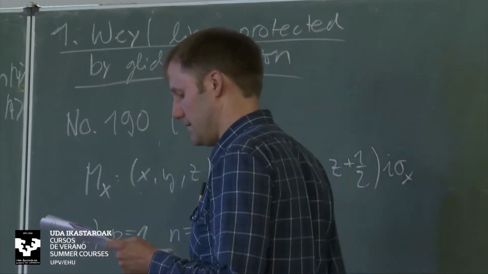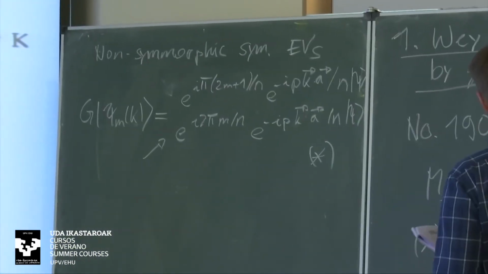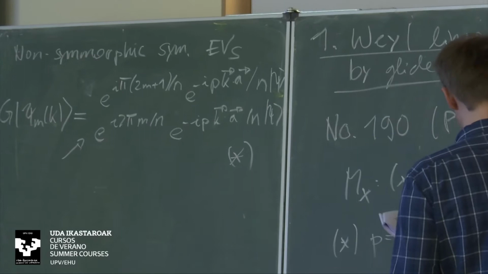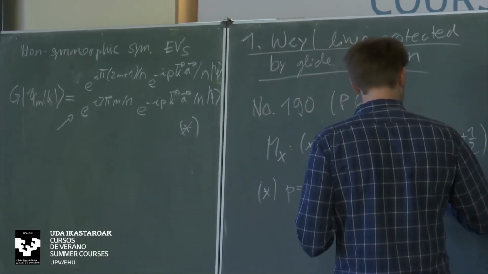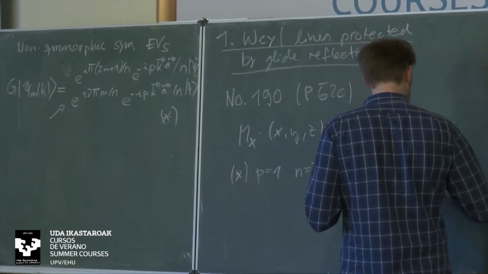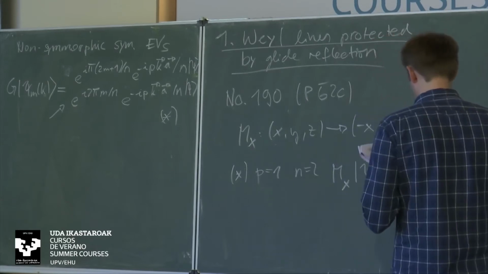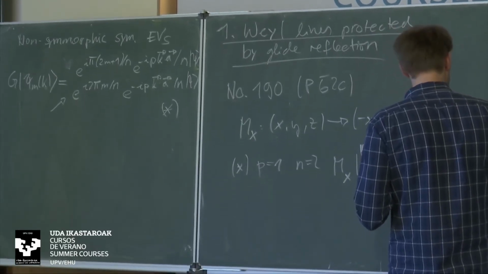Therefore, this P has to be 1. And you can just read off from this equation that you find these eigenvalues. So mx of psi, so we have two different eigenvalues, is equal to plus minus i e to the minus i kz half.